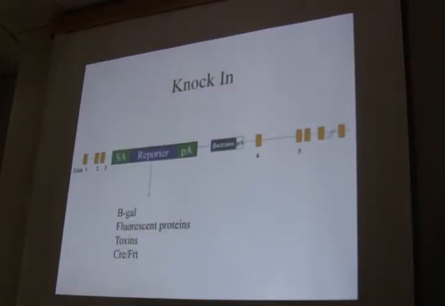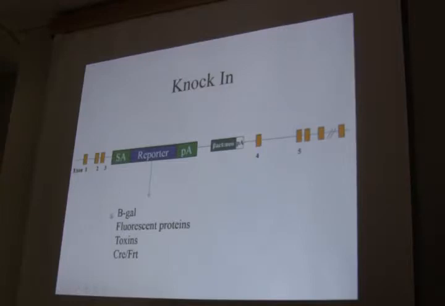So another thing, you've probably heard of knock-ins, and for a knock-in, you have kind of the same approach, except you have your exons, right? And then you have a splice acceptor, and then a reporter gene, okay?